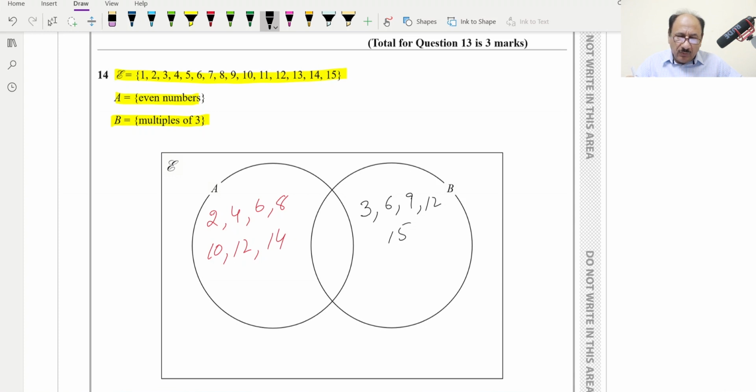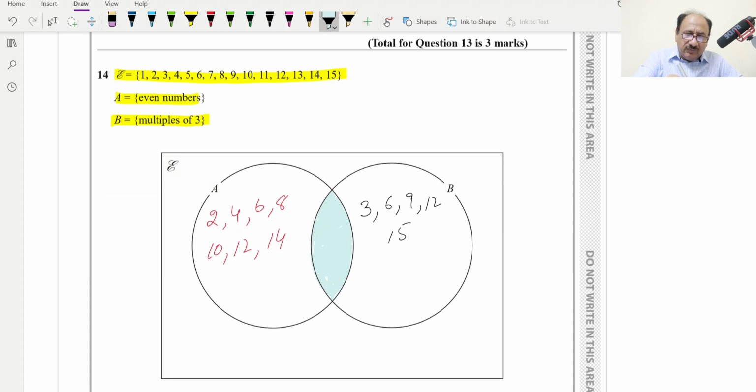So these are multiples of 3. Now in this middle region, this intersection, it should contain all the numbers which are even and multiples of 3. So even multiples of 3 we will transfer to this section.